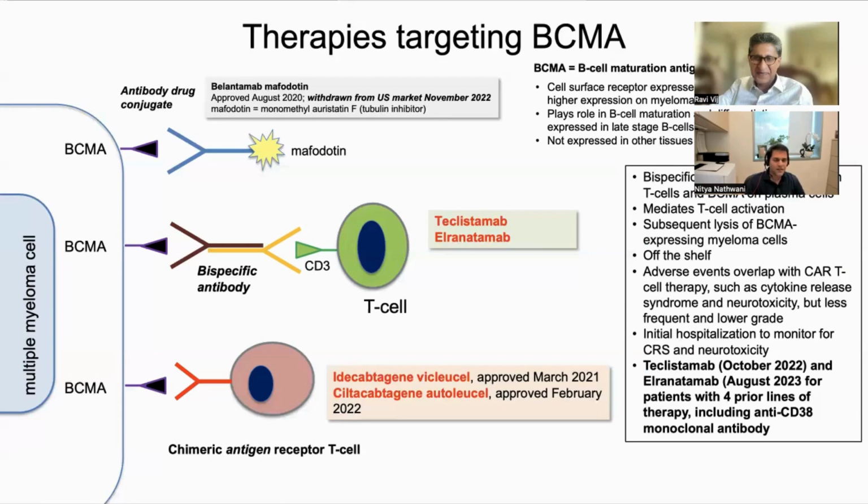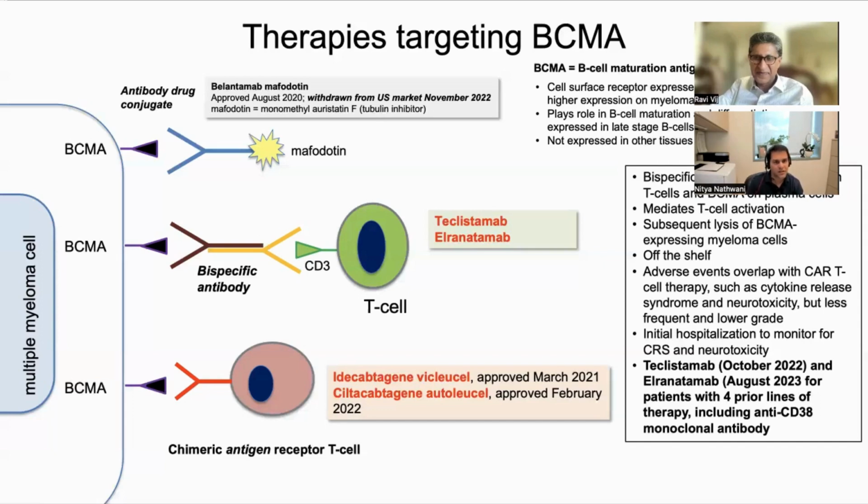All mammals have the ability to create proteins called antibodies that can recognize particular biologic proteins. Our immune system can make antibodies against infections, and in the lab, we can now make antibodies for therapeutic purposes against any protein that we want.